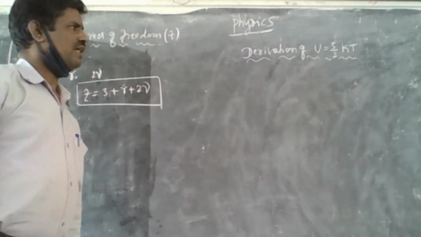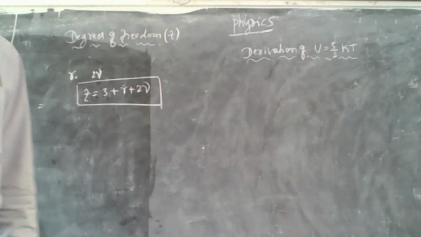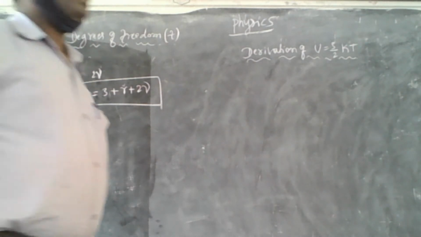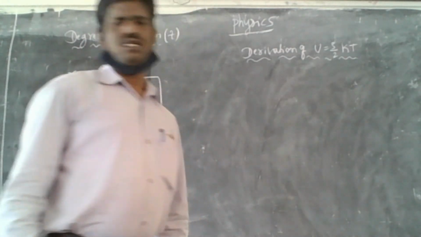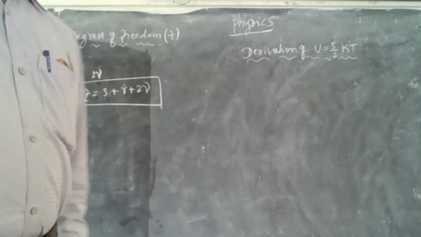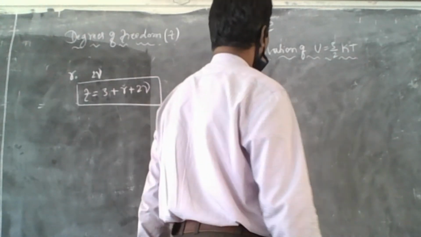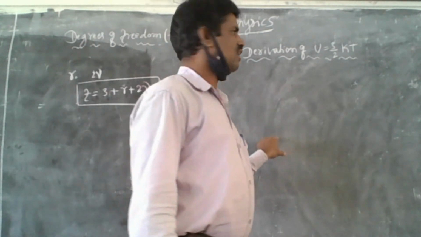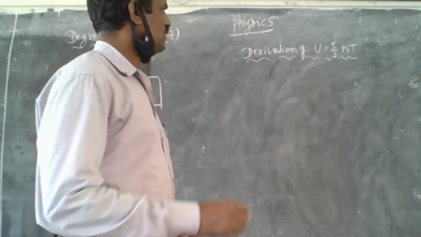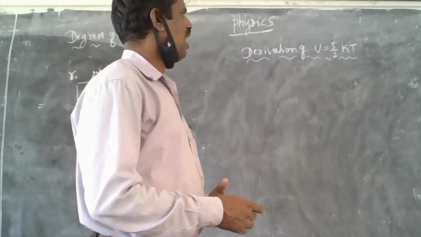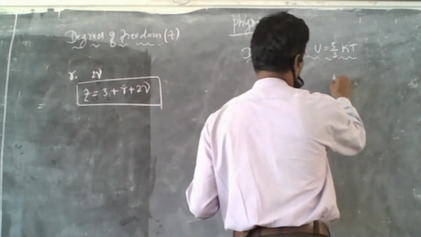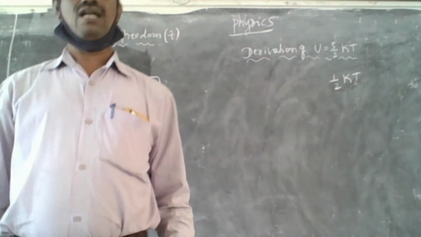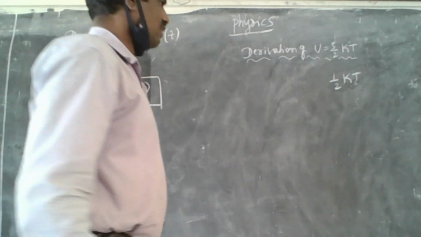According to the kinetic theory of gases, Maxwell's equipartition of energy, the energy associated with each degree of freedom is half kT. What is meant by k and T?